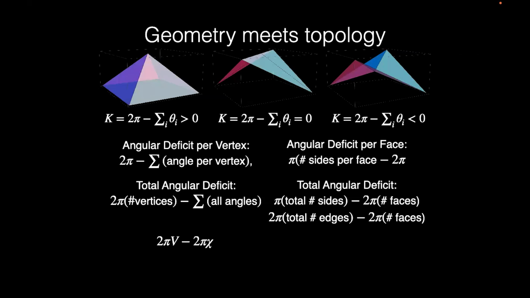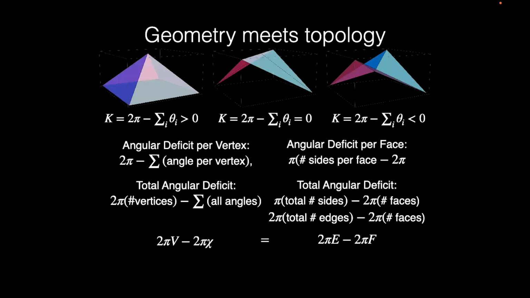So I have 2 pi times the number of vertices minus 2 pi times something. I'm just gonna call it chi for arbitrary reasons that are historical. And then this I'm gonna set equal over here to 2 pi times the number of edges minus 2 pi times the number of faces.